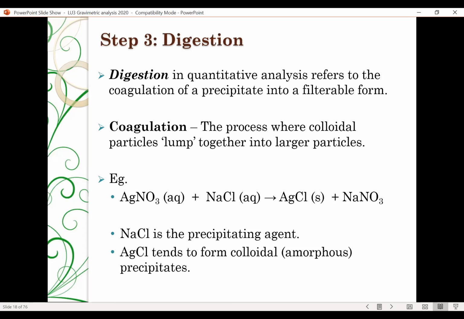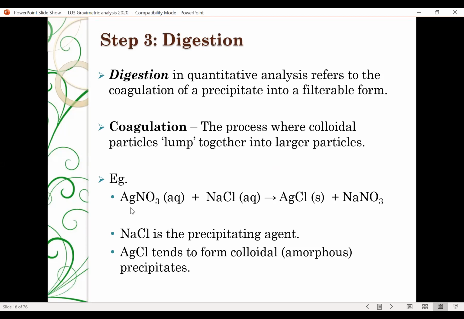They will pass through the filter paper. So we want these colloidal particles to lump together into larger particles by neutralizing the charges of the particles.